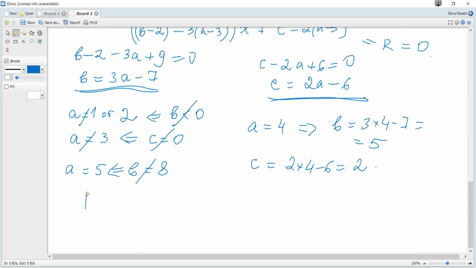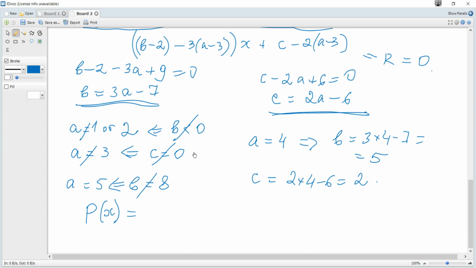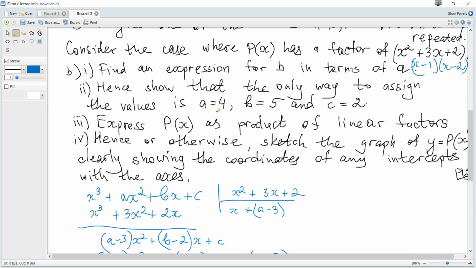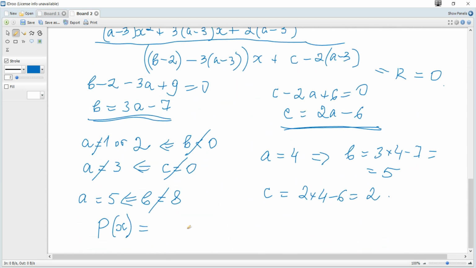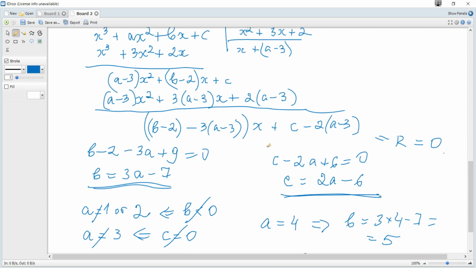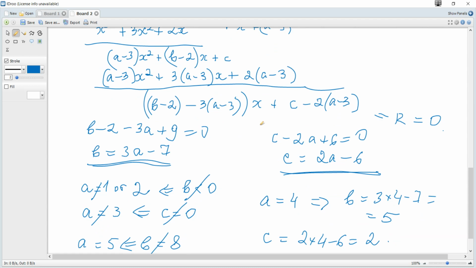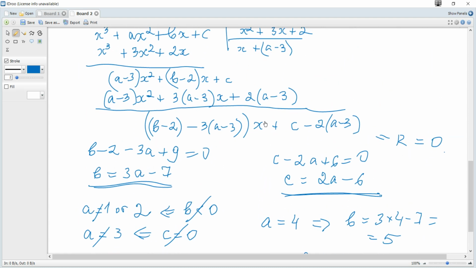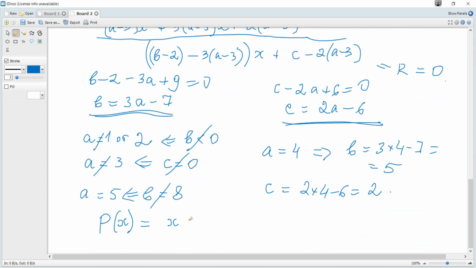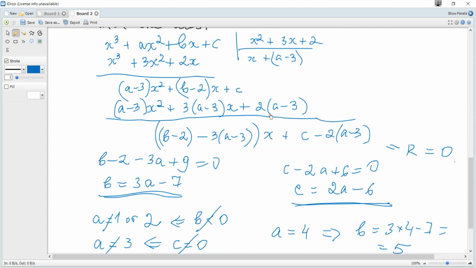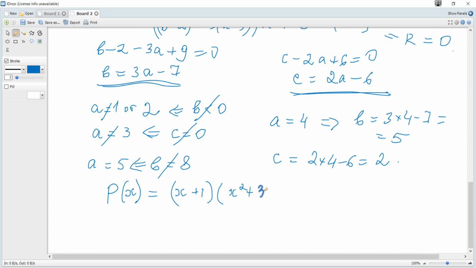So our p of x, which is, where a is 4, x cubed plus 4x squared plus 5x plus 2, and it is equal to x plus a minus 3, it's the result of the division, it's also a factor, so a minus 3 is 4 minus 3 is 1, so it's x plus 1, multiplied by another factor, which is x squared plus 3x plus 2.